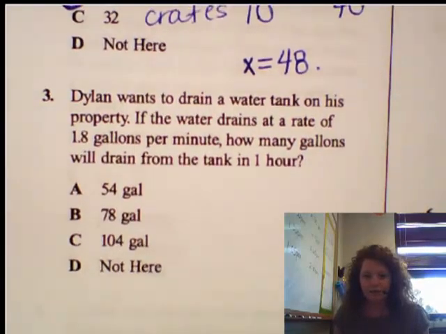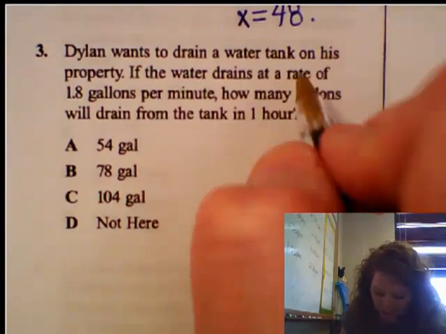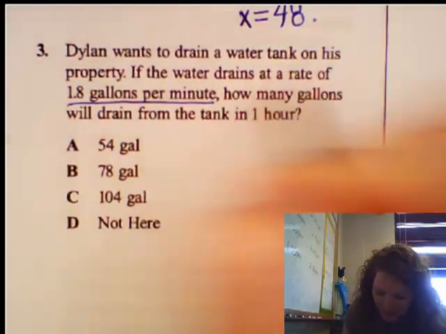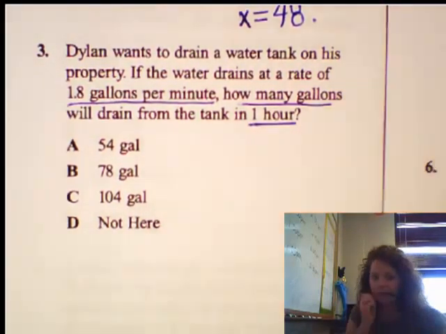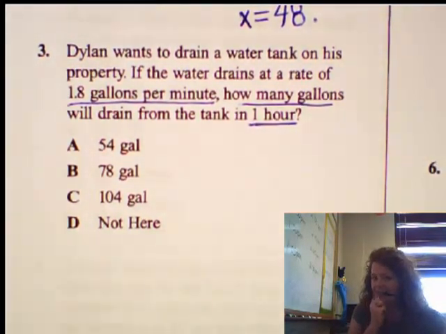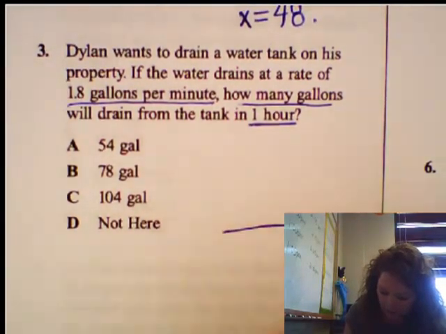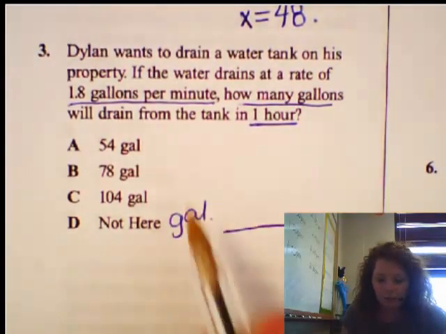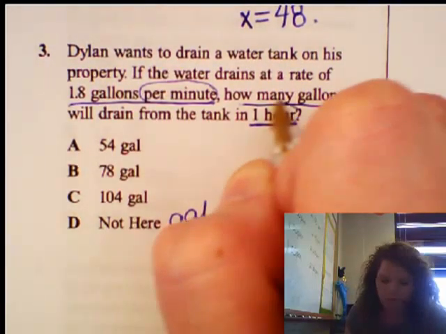Let's try number 3. Dylan wants to drain a water tank on his property. If the water drains at a rate of 1.8 gallons per minute, how many gallons will drain from the tank in 1 hour? Okay, we need to set this one up very carefully. We know we're going to be doing a proportion, and we'll compare gallons to something. Would it be better to compare gallons to minutes or gallons to hours?